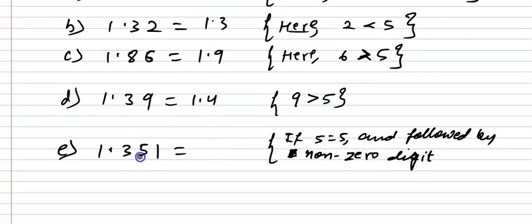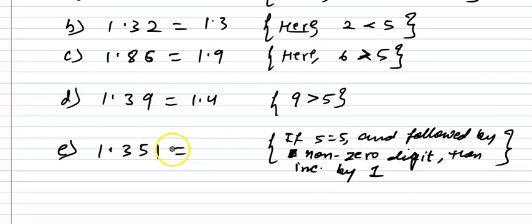here 1 is a non-zero digit, because after the 5 there is a non-zero number, that is 1, followed by a non-zero digit, then increase by 1.